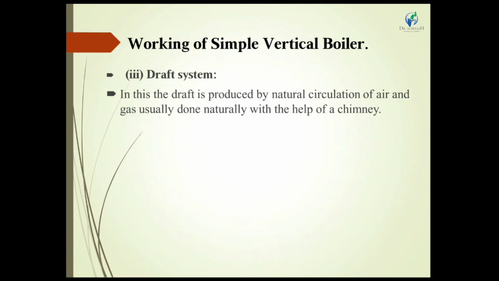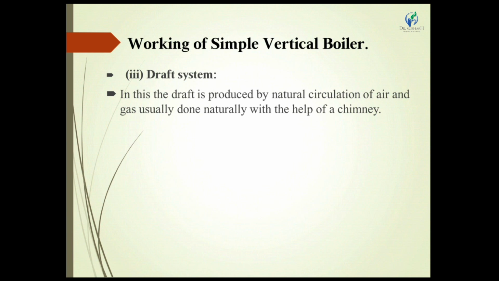The next is the draft system. The draft is provided by natural circulation of air and gas, usually done naturally with the help of a chimney. What is draft? Draft means that we move gases or any type of fly ash and smoke gases from one place to another place.